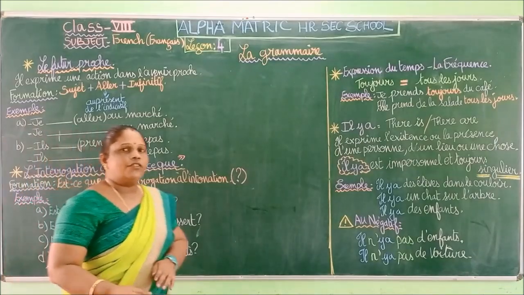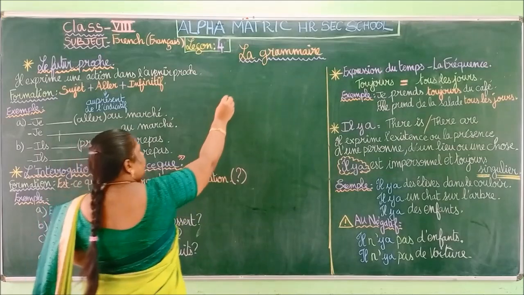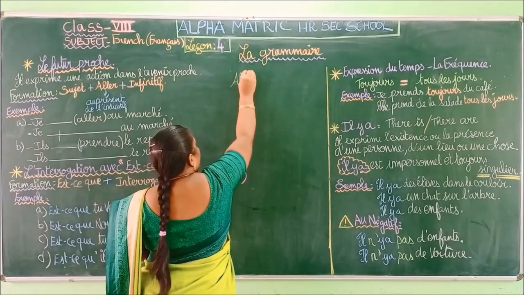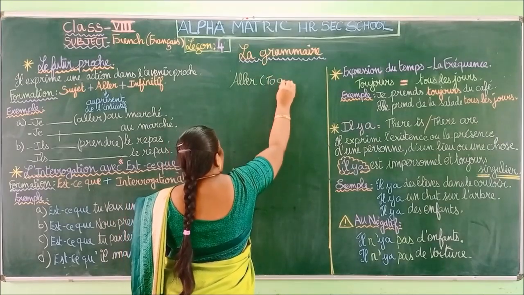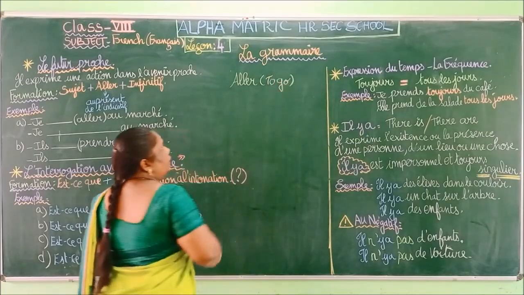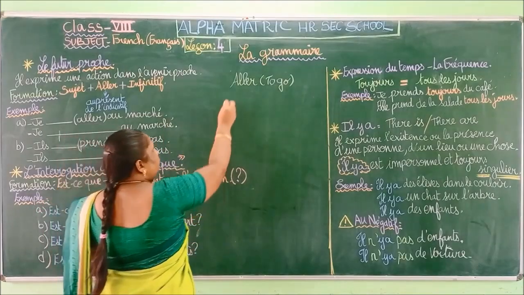So what is the verb aller in the present tense? Aller is to go. So we are going to conjugate this verb in a rough column.